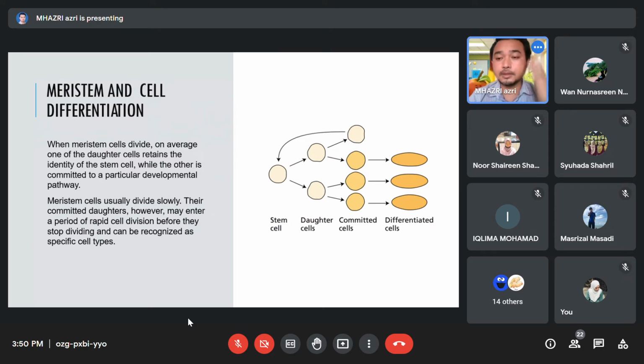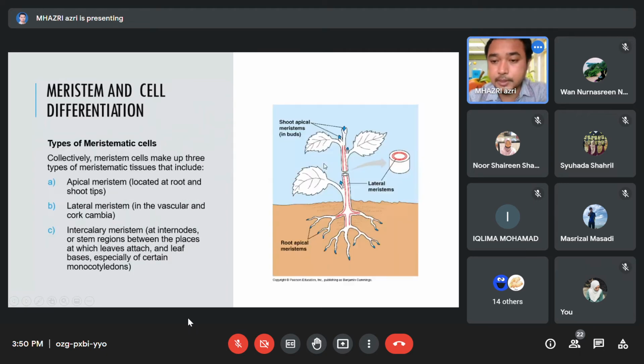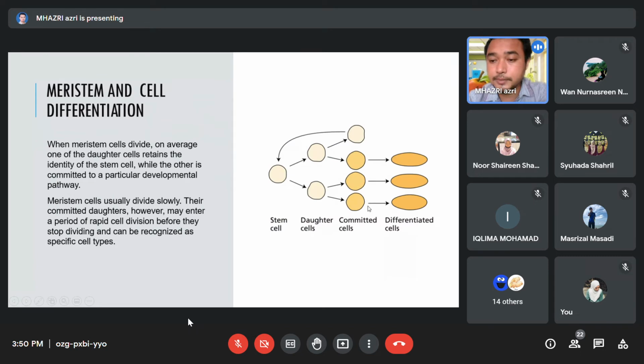Undifferentiated cells, unspecialized cells. They do not become specific cell types; they remain as meristem cells. So that's why plants can grow continuously, because they can retain these meristematic cells. Once they are no longer meristematic cells, they can no longer divide; they differentiate into new specialized cells.